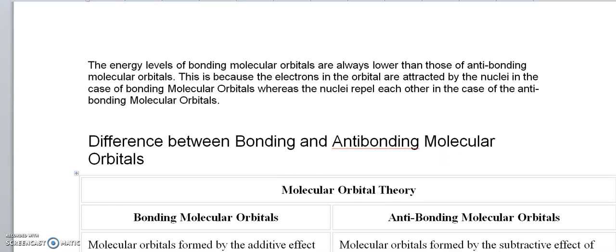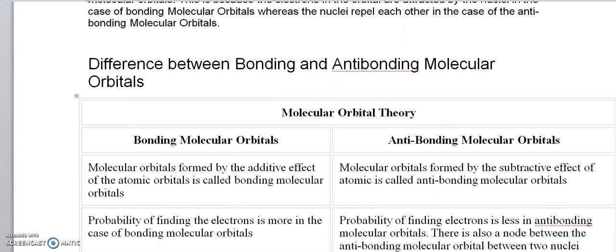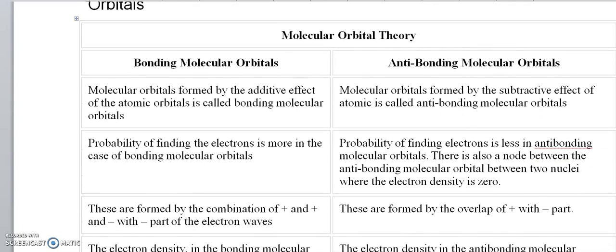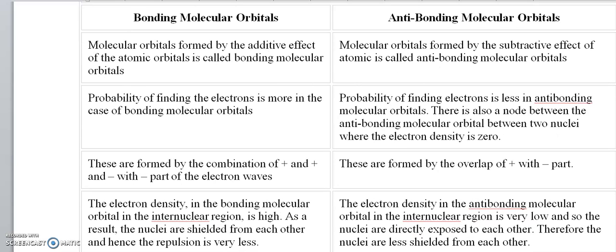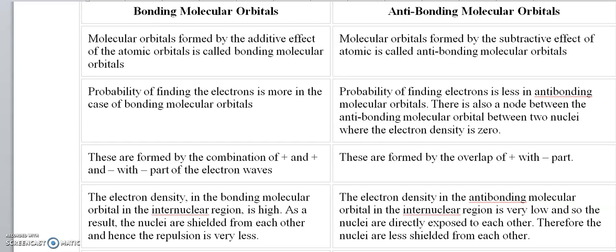And here a tabular column is given based on the differences between bonding and antibonding, all of which we have discussed already. If you take the bonding orbital, it is formed by the positive side of an atomic orbital and the positive side of another atomic orbital, or negative with negative.